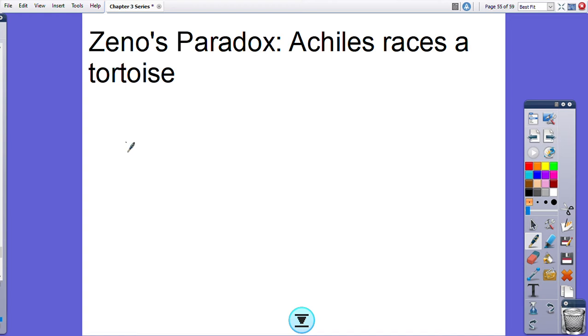So Zeno starts with a 100 meter head start. And what happens is somebody fires the starting gun, and Achilles, being the mighty warrior, decides to run as fast as he can, and he makes about 100 meters.